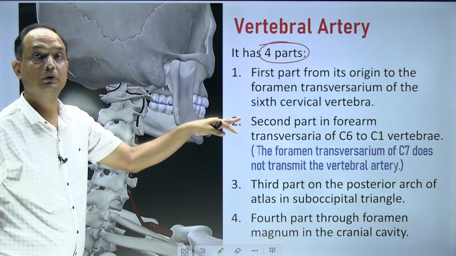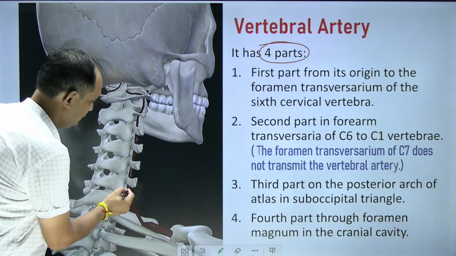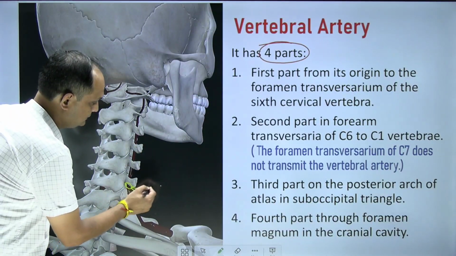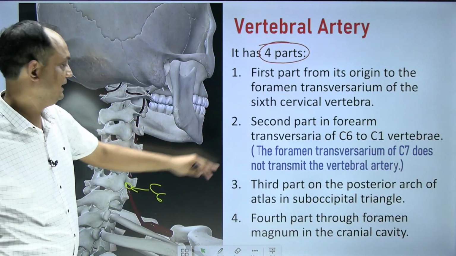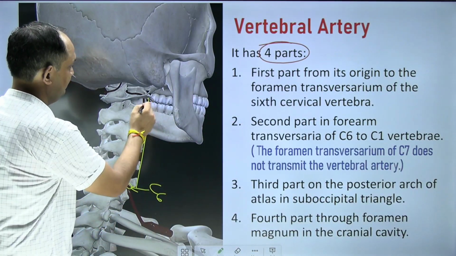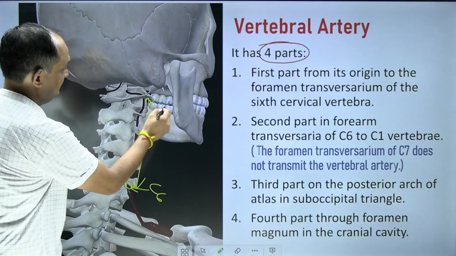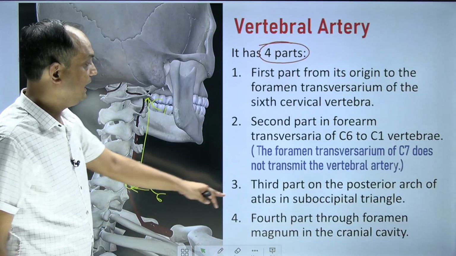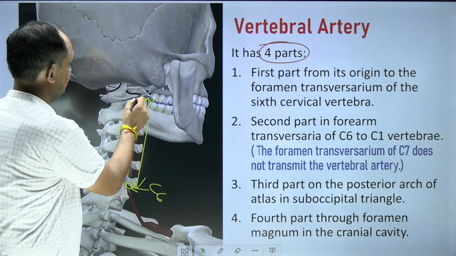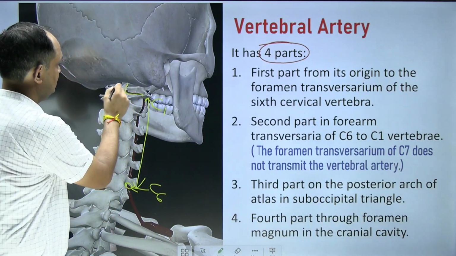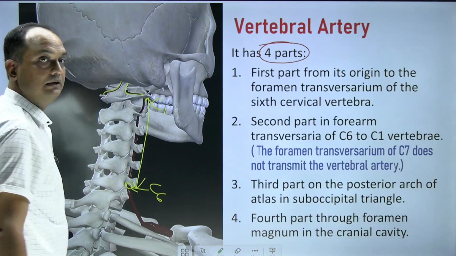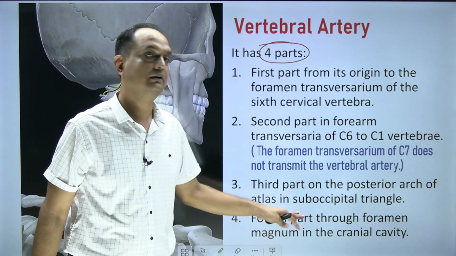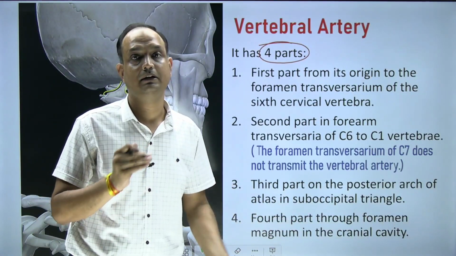The first part is from the origin till it enters the foramen transversarium of C6. Then the second part is vertically present from C1 to C6 foramen transversarium. Then the third part is present in the suboccipital triangle. Then we have the fourth part, which is intracranial.